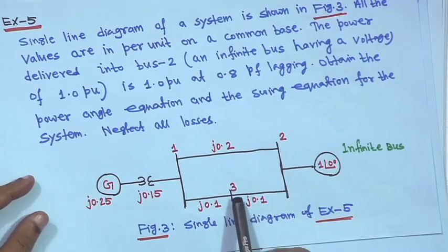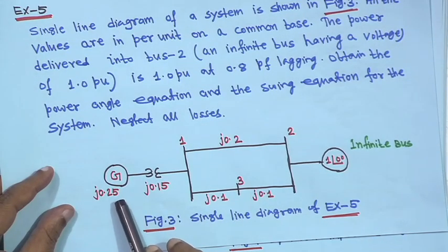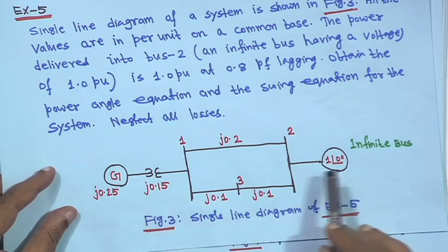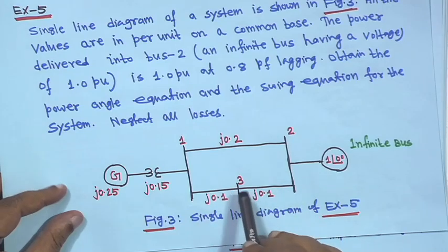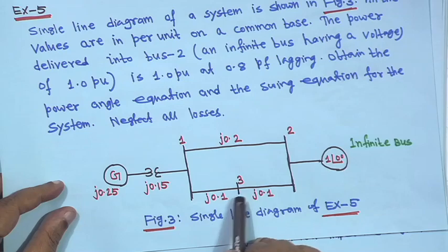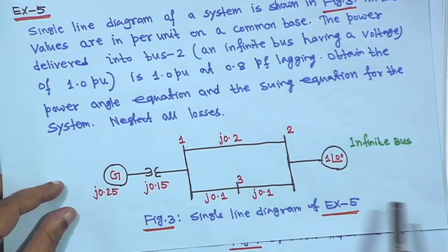So, this is bus 3 given. In this problem, the generator reactance is given as j 0.25, the transformer is j 0.15, and line 1 to 2 is 0.2. Here I have made another bus bar, 3, and this side is j 0.1 and j 0.1, the same line, but total is 0.2.